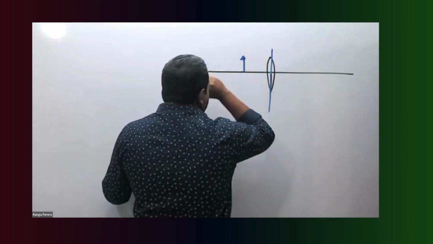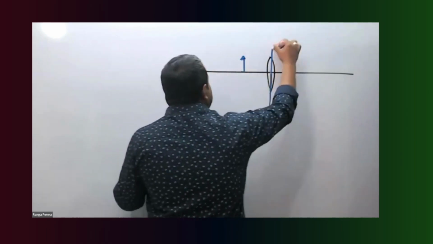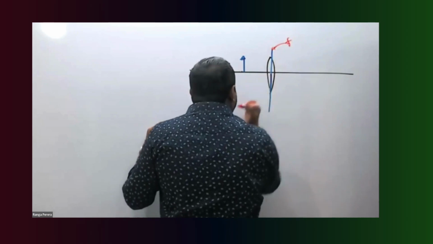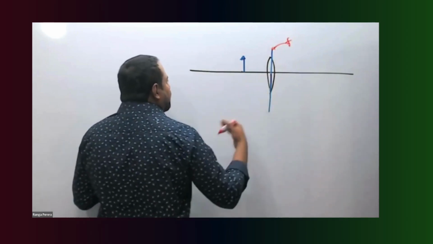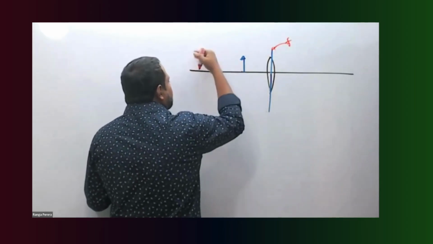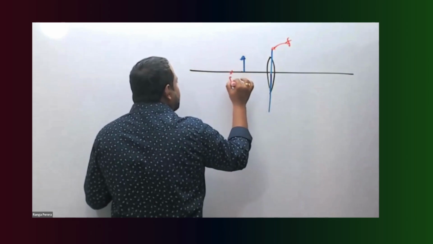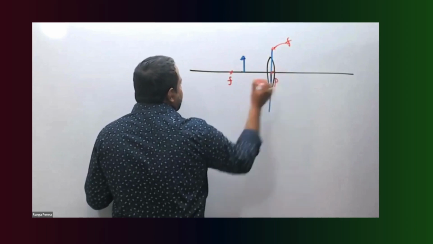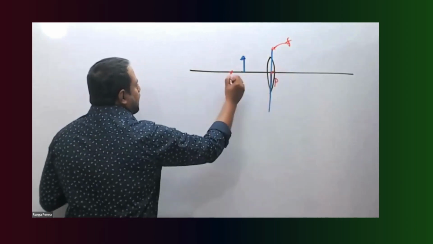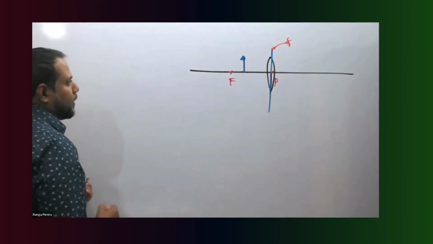Look here, I'm going to do this. Here is a convex lens. The focal length of that lens is f. To form the image on the same side, a virtual one, we need to place the object in between the focal point and the optical center. Then only the image would form on the same side.